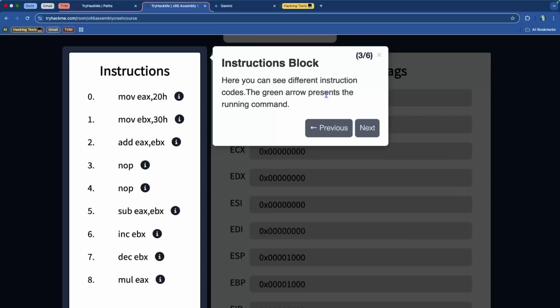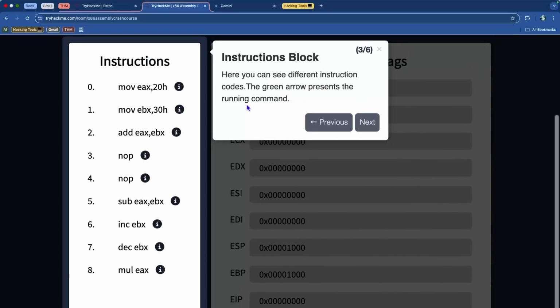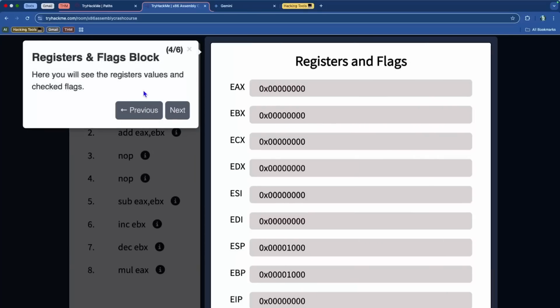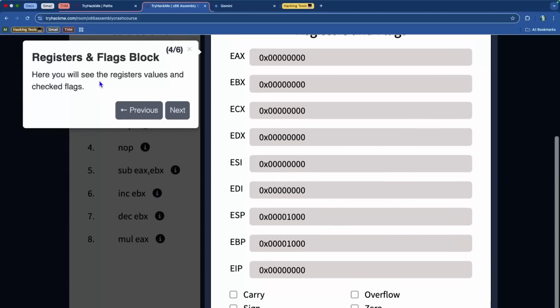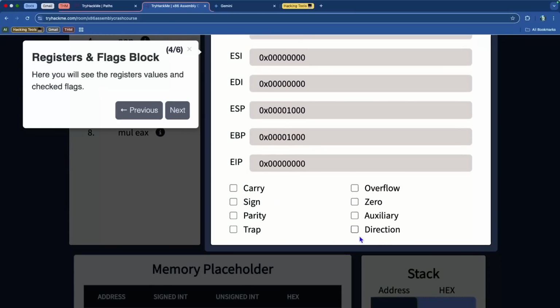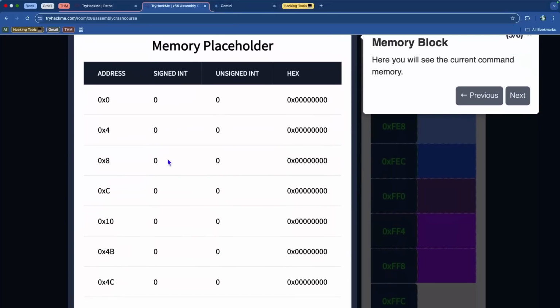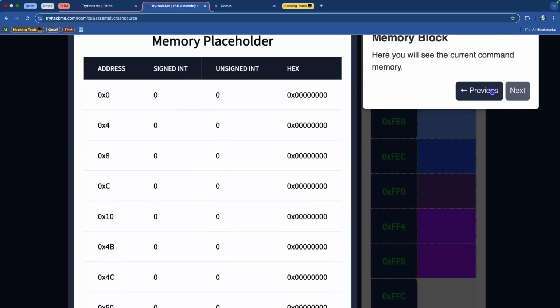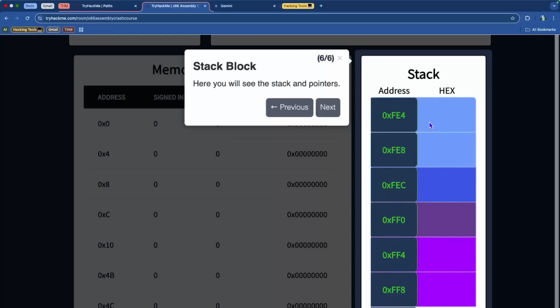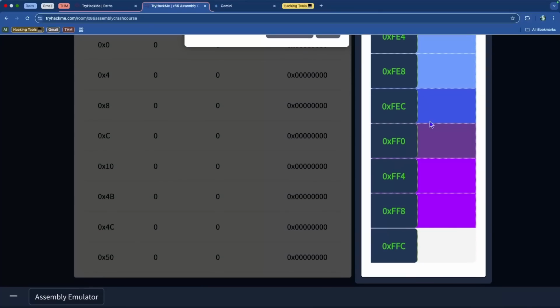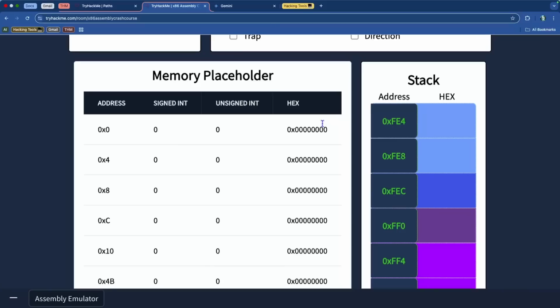The green arrow represents the running command. Then we have the registers and the flags. So you'll see the register values and the flags, which is what we have here. And then these are the flags that we can check. And at the bottom right here, the memory block, with the current command memory. And then finally, we have the stack and pointers, which is right here. And I think that's pretty much all of it.